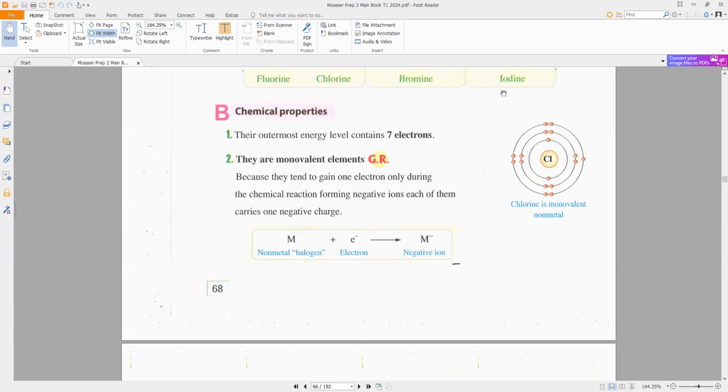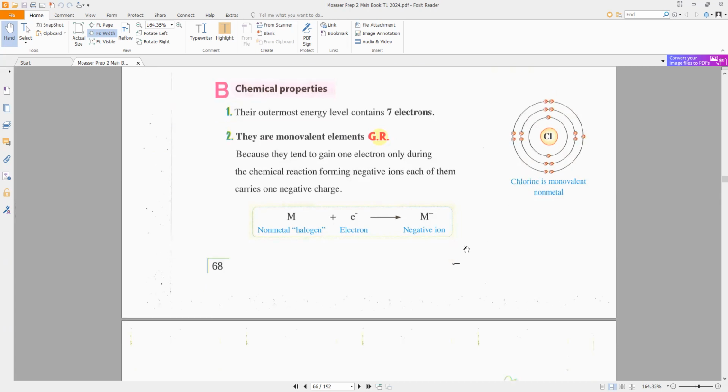But why are the alkali metals monovalent? Because they tend to lose 1 electron in the chemical reaction, forming a positive ion carrying 1 positive charge.